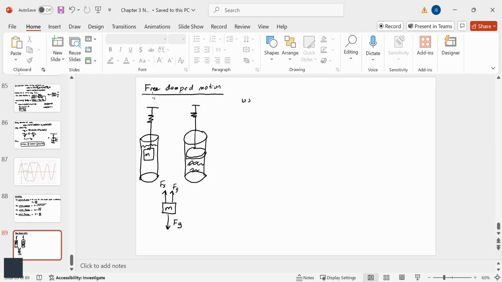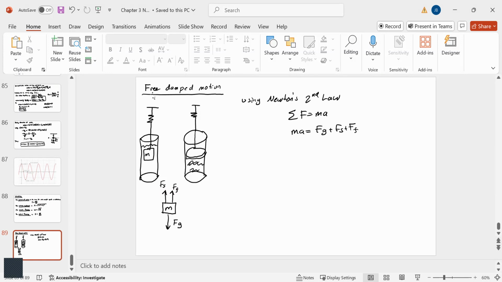Using Newton's second law, the sum of the forces equals mass times acceleration, which means mass times acceleration is force of gravity plus the force of the spring plus the force of friction, like that.